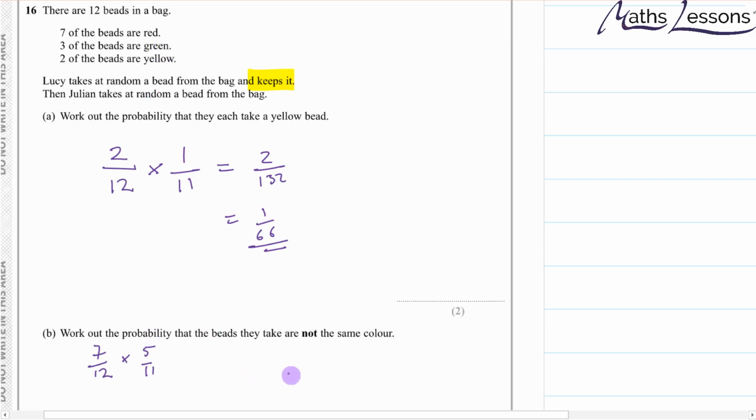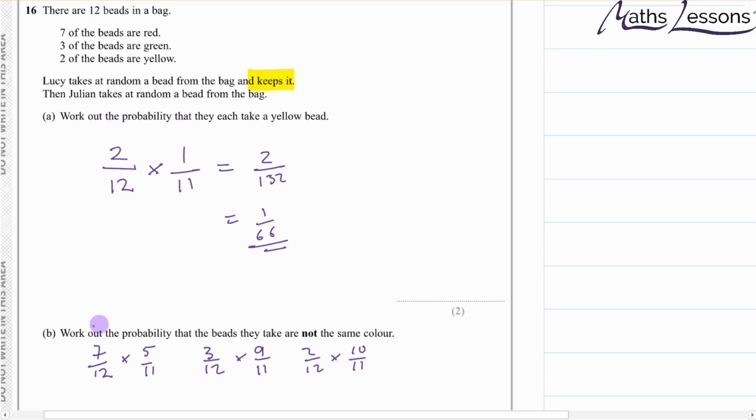And then we could have a green one first. So we've got 3 out of 12 times 9 out of 11. And then we could have a yellow one first. So that's 2 out of 12 times 10 out of 11 as our next answer.